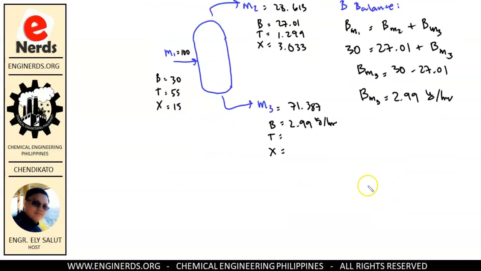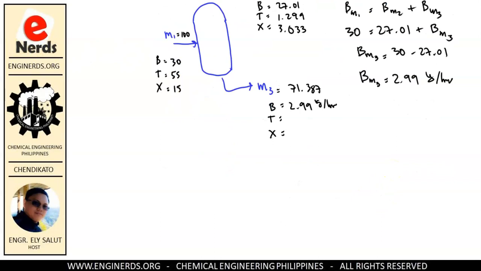Okay, so now let us determine yung ating toluene. So let's have toluene balance. So our toluene in M1 is equal to toluene in M2 plus toluene in M3. Toluene in M1 is 55. This is equal to toluene in M2, which is 1.299 plus toluene in M3.